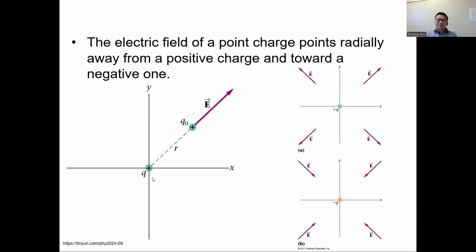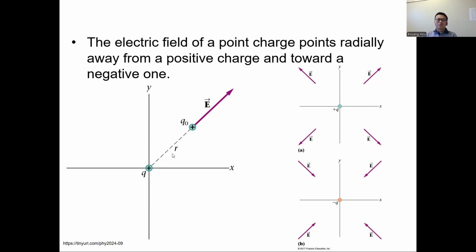All right. If we have a positive charge here, and a positive test charge as well, then E is going to be pointing away from this charge because the force for the two will be repulsive, and E is equal to force divided by this positive Q, so it'll be in the same direction in that case.